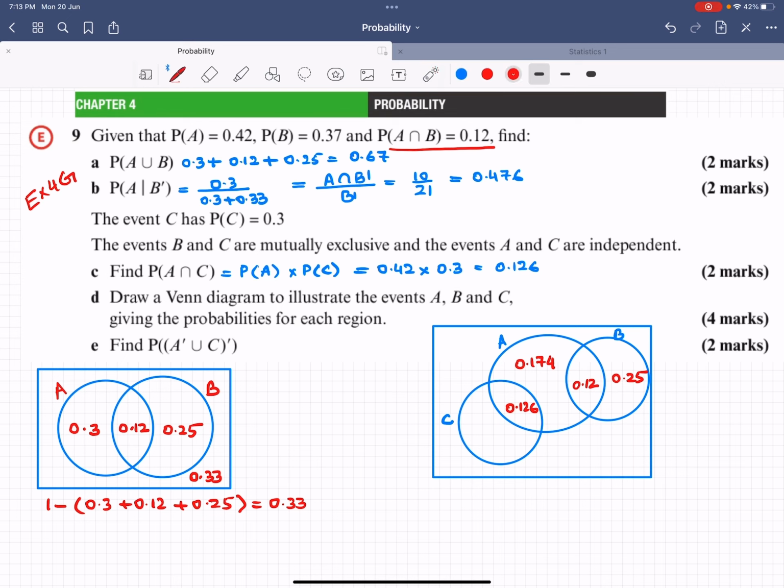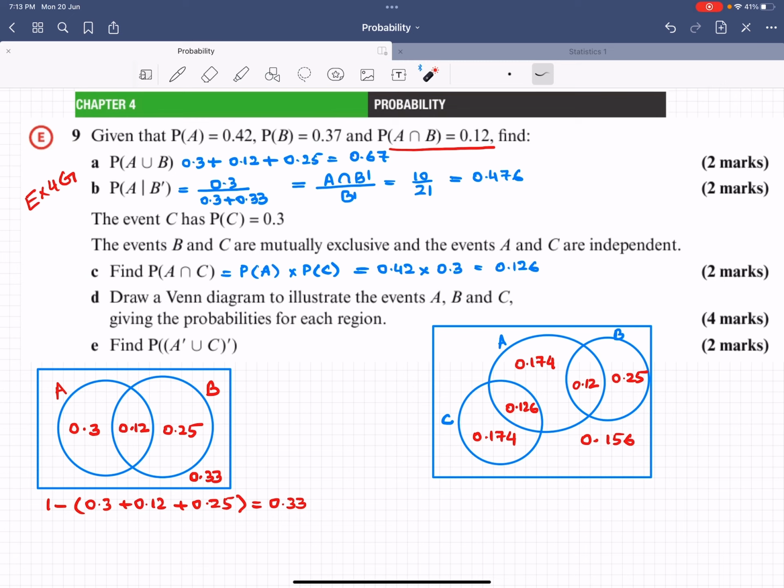So when we subtract, we get 0.174. We also know that the total probability in a Venn diagram adds up to 1. So if we add up all the known probabilities and subtract from 1, we can find the probability which is outside all the 3 circles. So when we do that, we get the value outside all the 3 circles as 0.156. So that answers to filling up the Venn diagram.